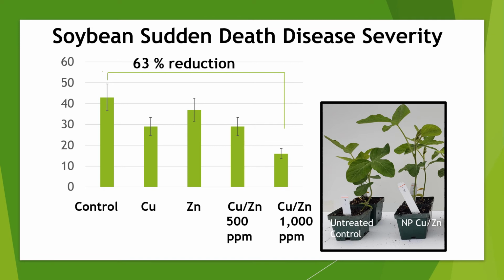And as we added copper, zinc, or we combined it at 500 ppm, and that's 250 of copper, 250 of zinc combined, and then at the higher rate where we combined both of them at 500 ppm to give us 1000 ppm, we were able to get much more disease suppression. In fact, a 63% reduction was observed in this study when we put copper and zinc together.